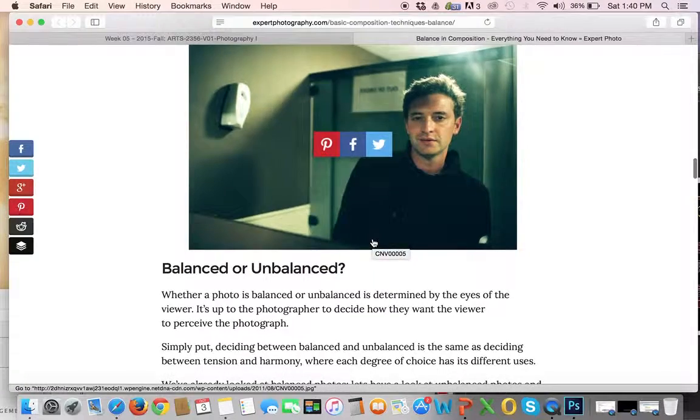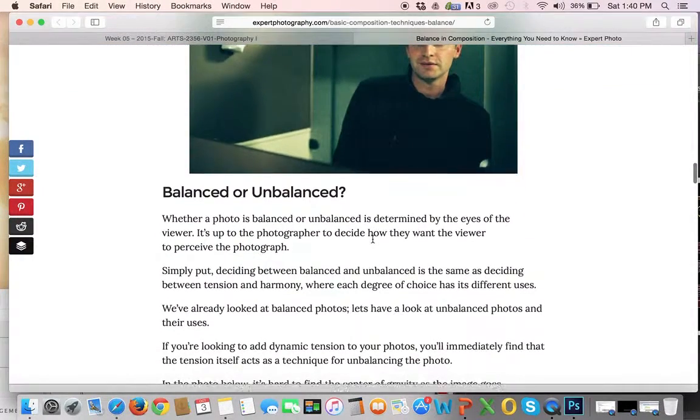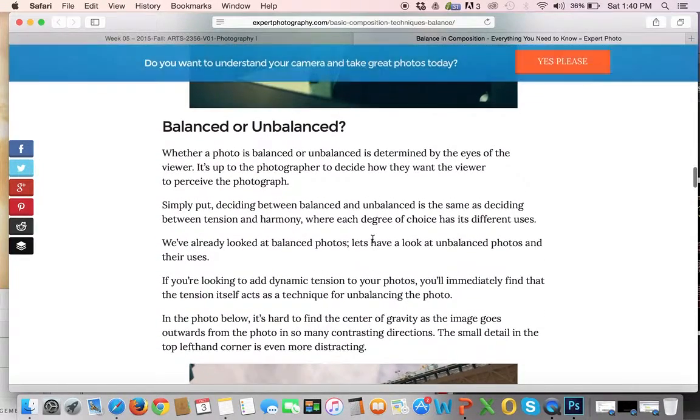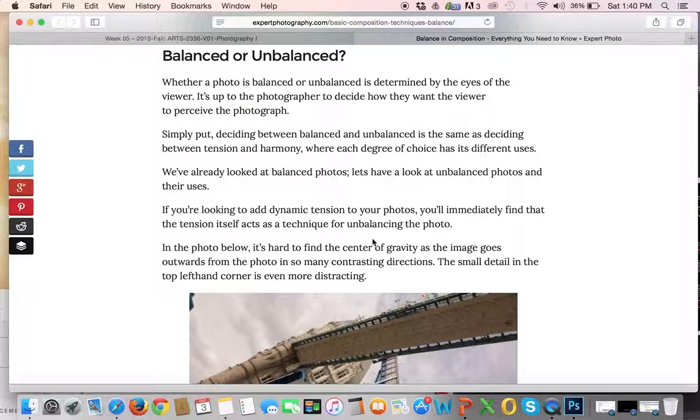Another thing that we can do is sometimes throw off the balance a little bit for expressive effect. Sometimes if you want to make the viewer feel a little bit of discomfort, a little bit unsettling, and if something's out of balance, it makes us literally feel a little bit out of balance because we depend so much on our eyes for our stability.